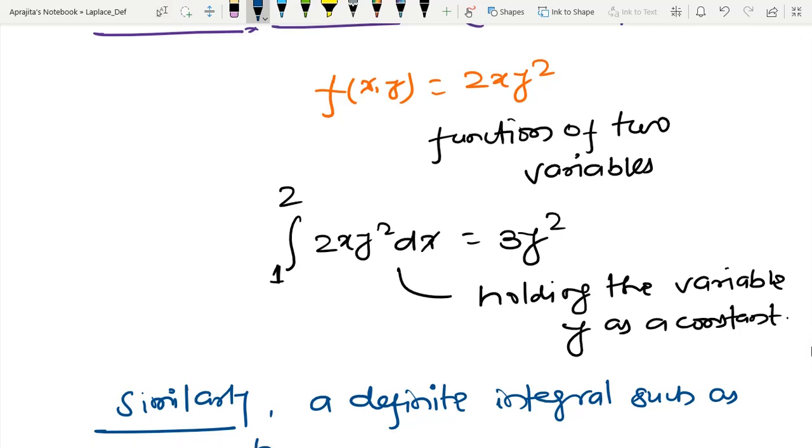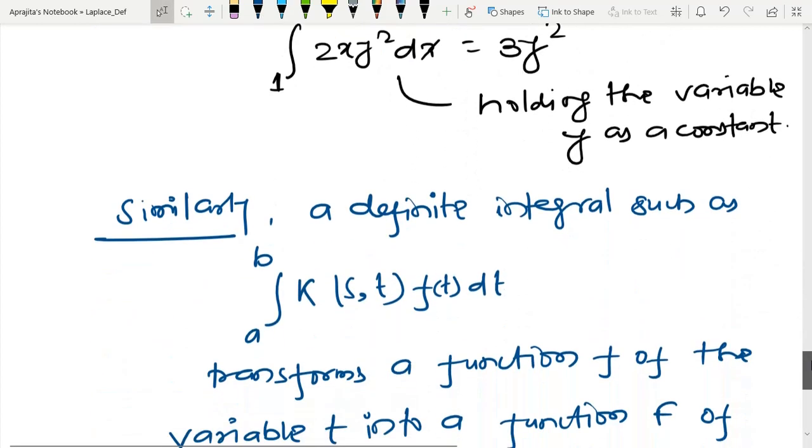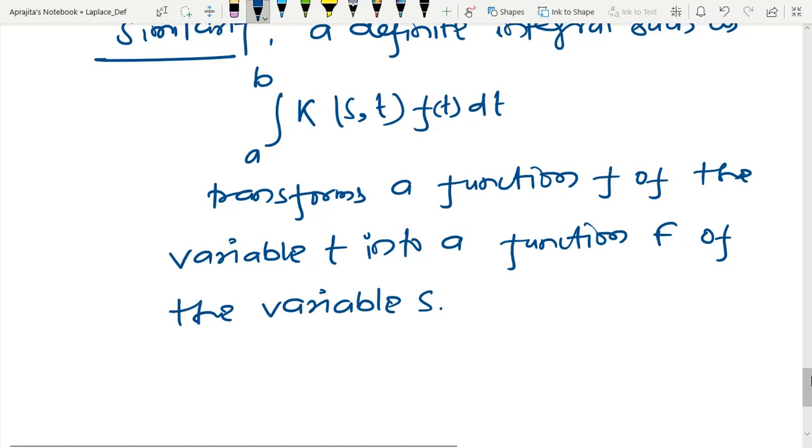So if you see the previous example, I have taken the function 2x y square, and after that I am going to hold y, and after calculating this definite integral, whatever result I get is certainly not the same function, but some different function, with the final expression in terms of the holding variable. So similarly, I am going to generalize this idea now. Suppose in this particular definite integral I have some function f(t), a function of time.